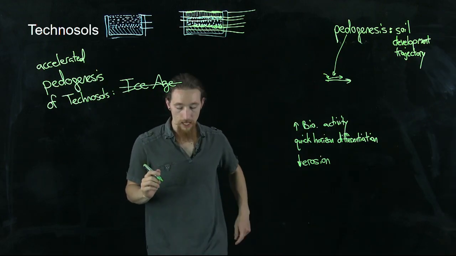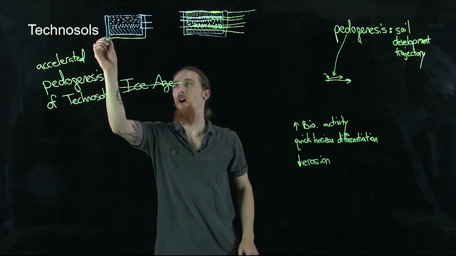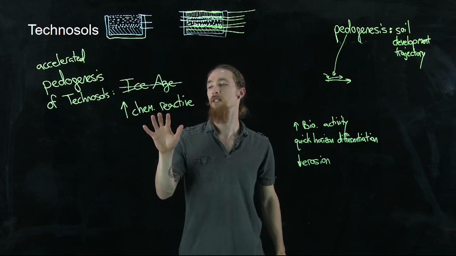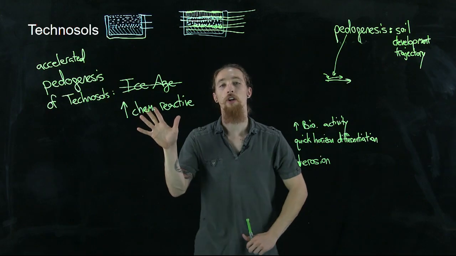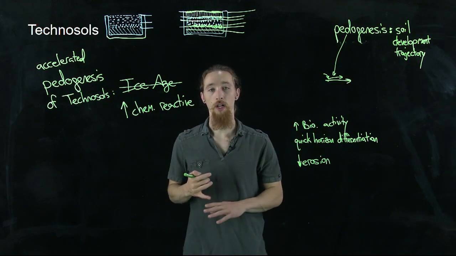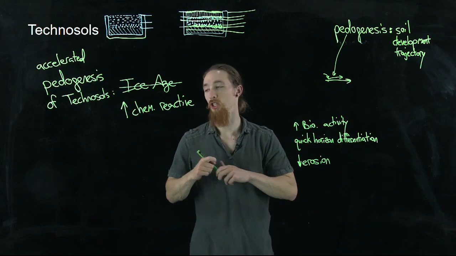Something else is that these materials which are put into these technosols are typically very chemically reactive. So this means that they're ready for development right now, that they're going to decompose into different things pretty quickly, and that decomposition is going to be fuel for this biological activity.